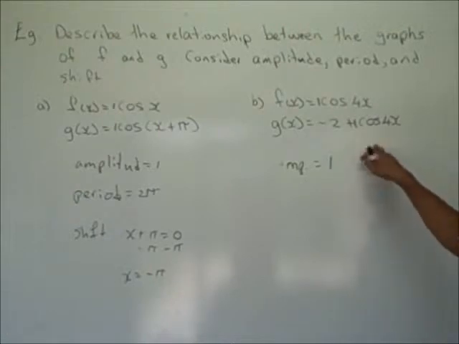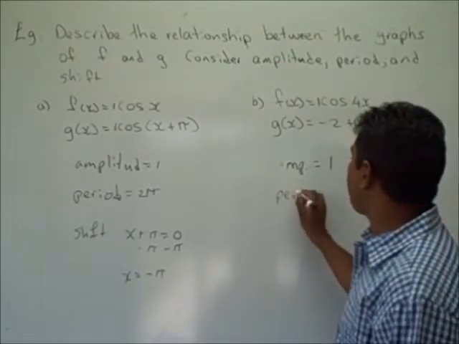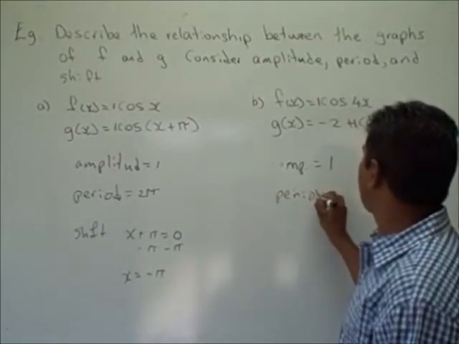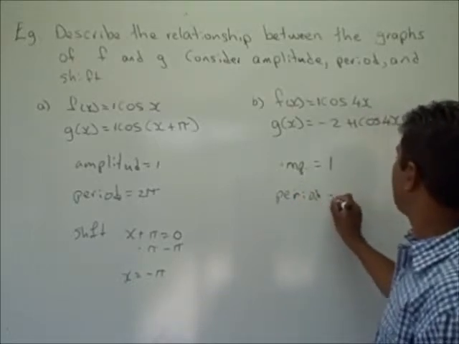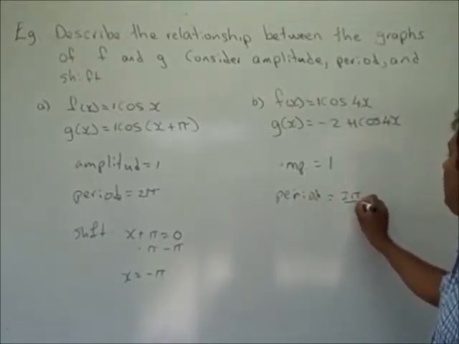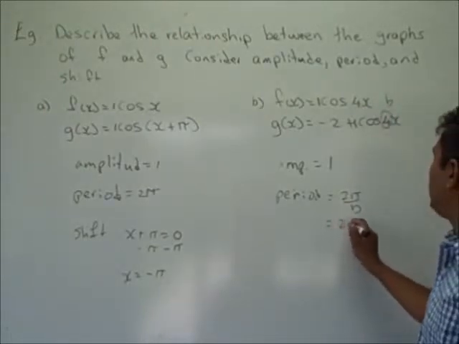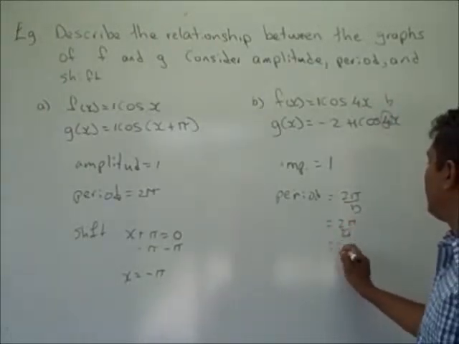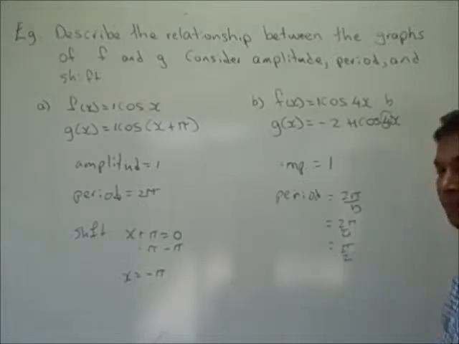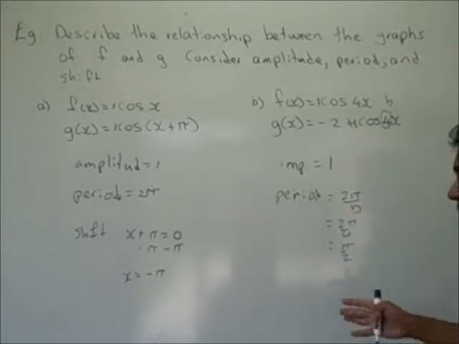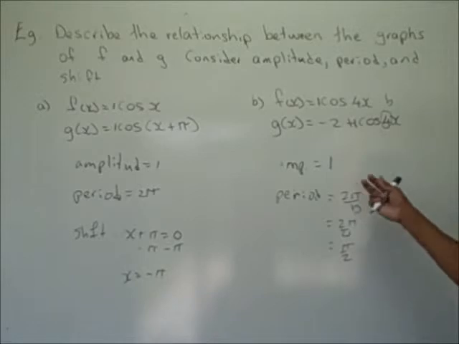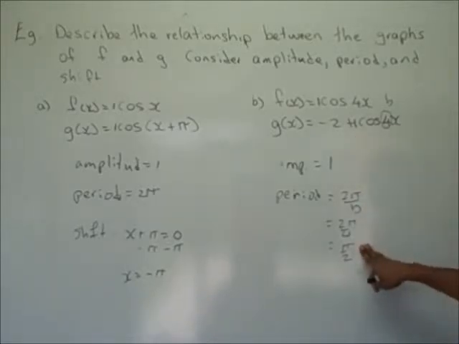Our period would be equal to 2 pi over b. Here our b is 4, so this is 2 pi over 4, so this would be pi over 2. So this is an extremely narrow graph. It's going from a period of 2 pi to just being pi over 2.